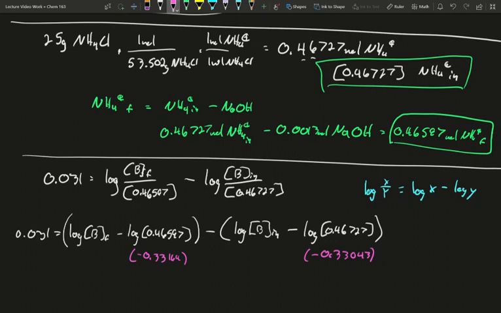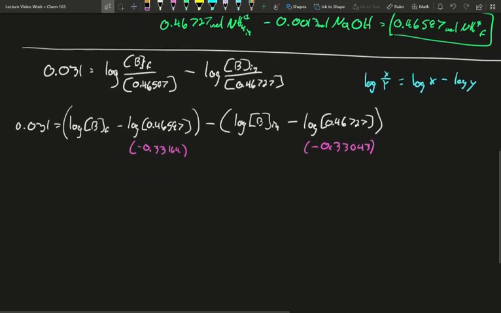So we have to rewrite this, taking into account all the signs. 0.031 is going to equal, let's get rid of all these parentheses as we factor this out, the log of the base final. So negative, negative, subtracting a negative is going to be adding it.